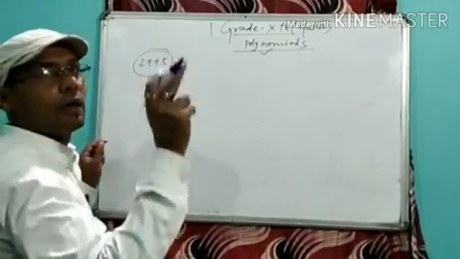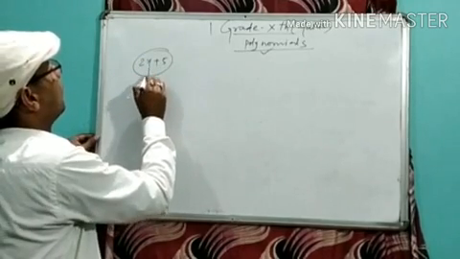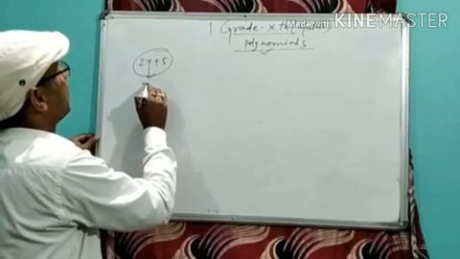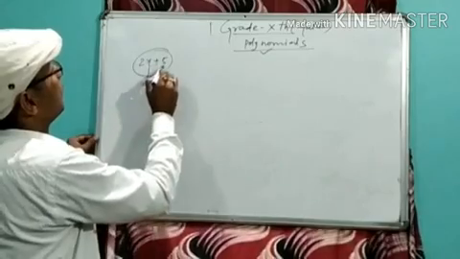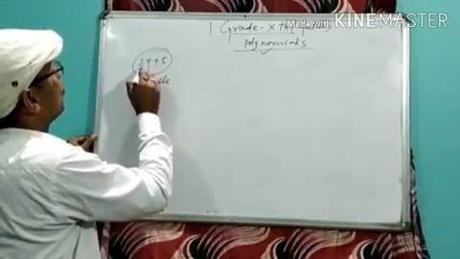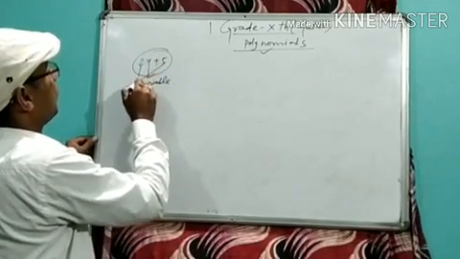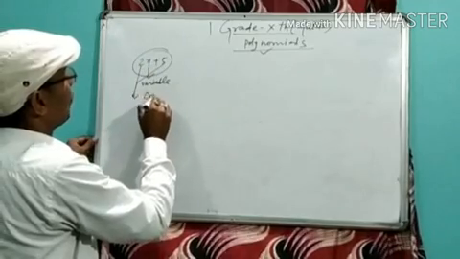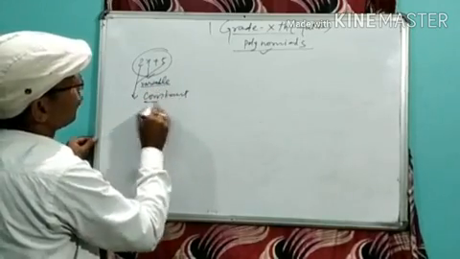Here x is a variable, and 2 and 5 are constants. This is a variable and constant.